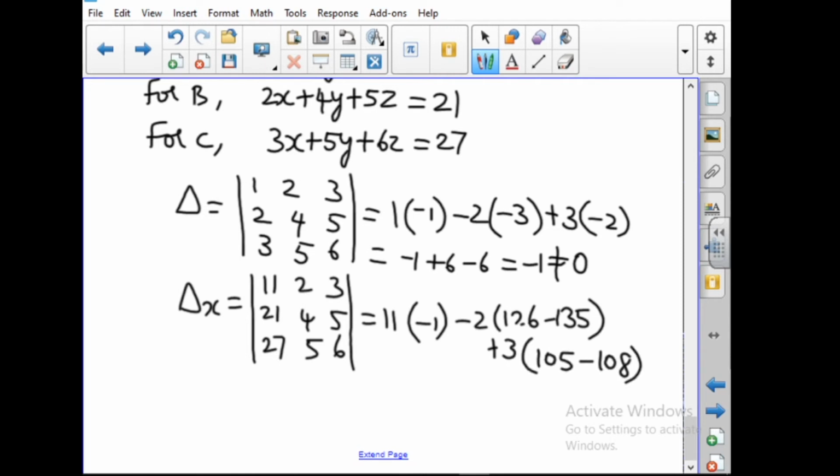So when you are taking this, you will get the answer as minus 11 plus 18 minus 9. So your answer is minus 2. So delta x value is minus 2.